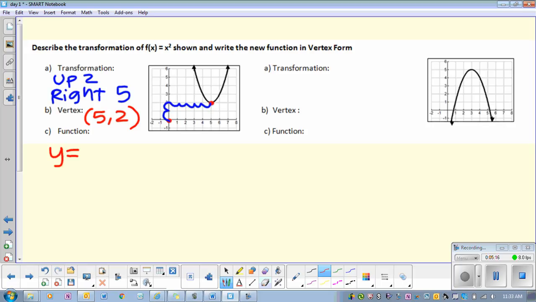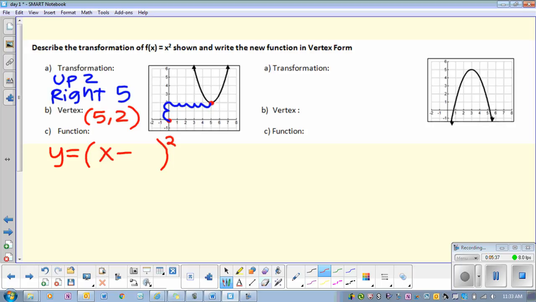Y equals. Now remember, I thought there was an A before it. I know, but the A tells you if it stretches or compresses. This one didn't. So you have parentheses, the x minus, and the square.